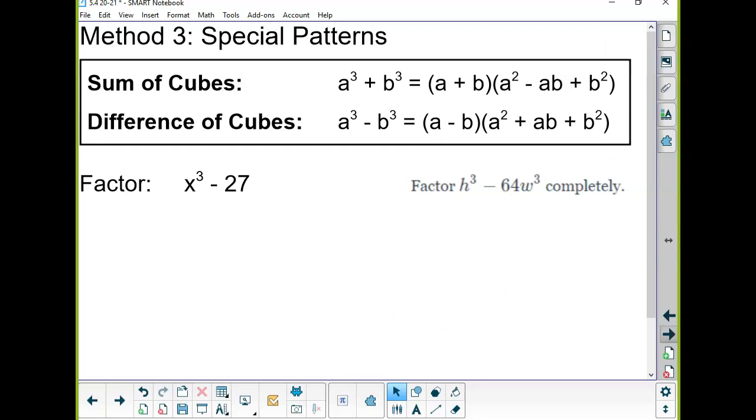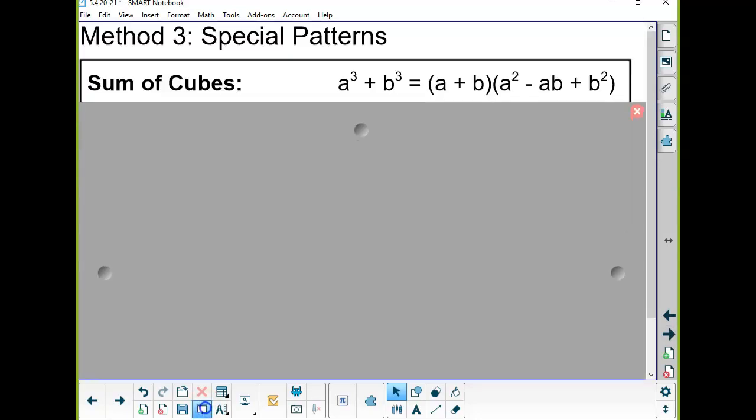This is tricky. And definitely write these patterns down. This is the only pattern that I'm going to have you focus on, because there isn't a great way other than this pattern to do what we call the sum or the difference of cubes.